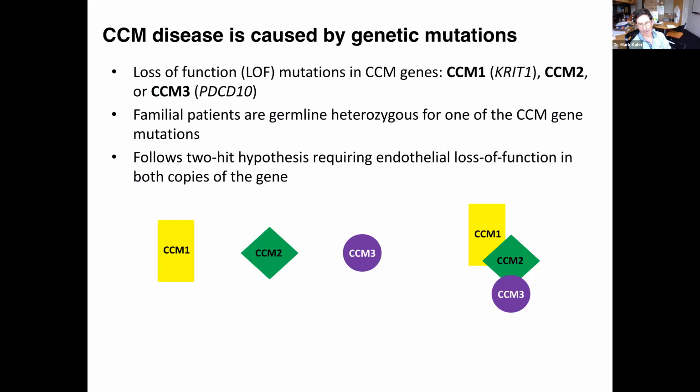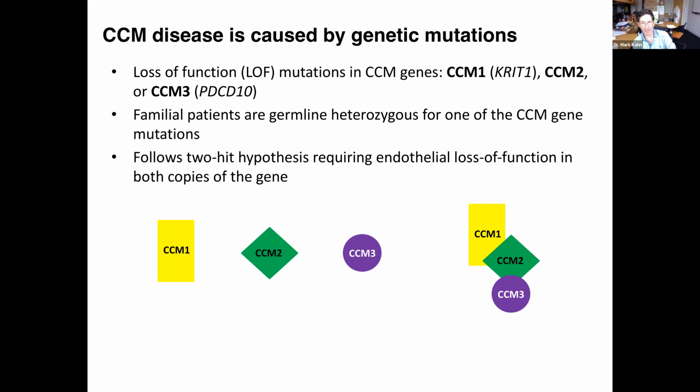They form a fairly stable complex, although the CCM3 protein is less stable than CCM1 and 2. And we know that a loss of any one of these three genes will disable the complex and result in a loss of CCM function. This is the underlying mechanism for much of CCM disease.